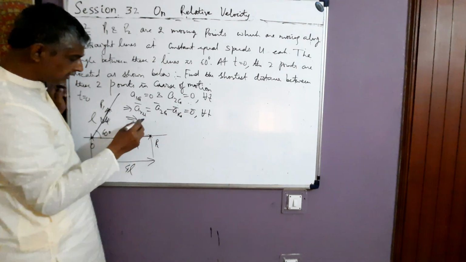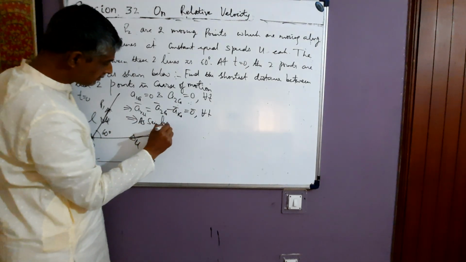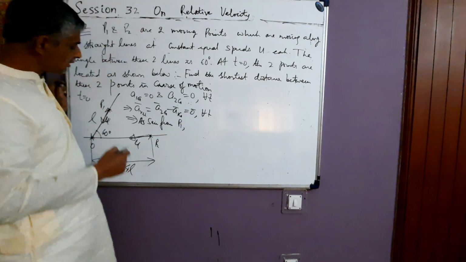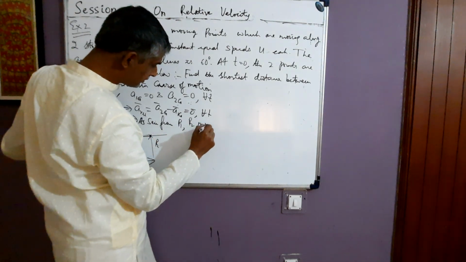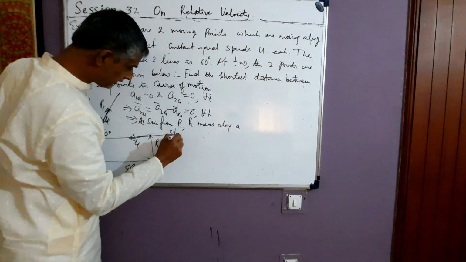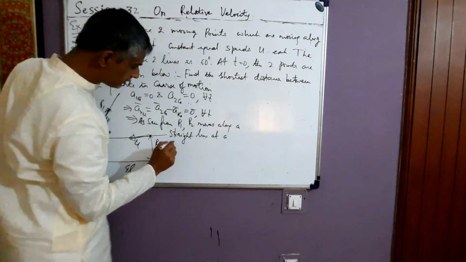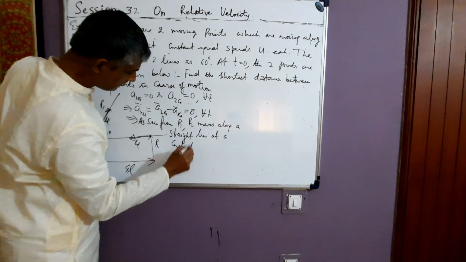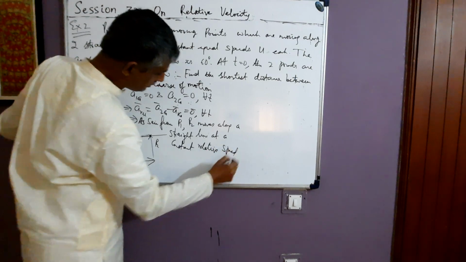So a relative 0 means we are solving the problem as seen from P1. As seen from P1, P2 moves along a straight line at a constant relative speed.